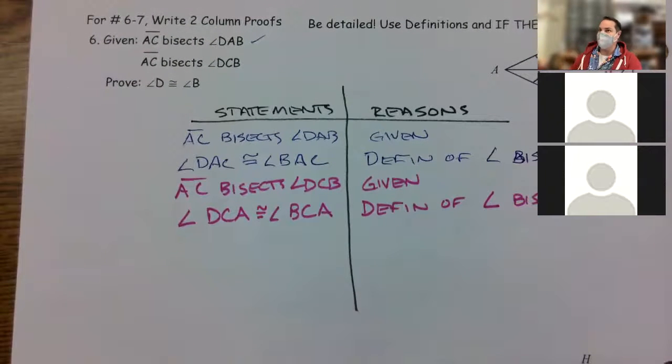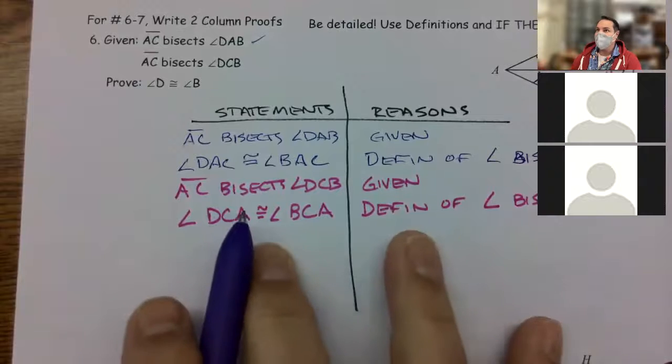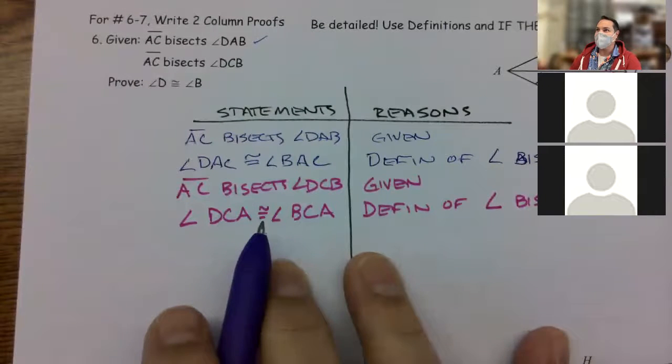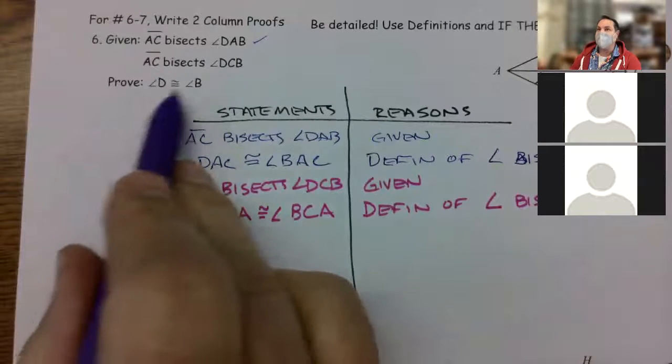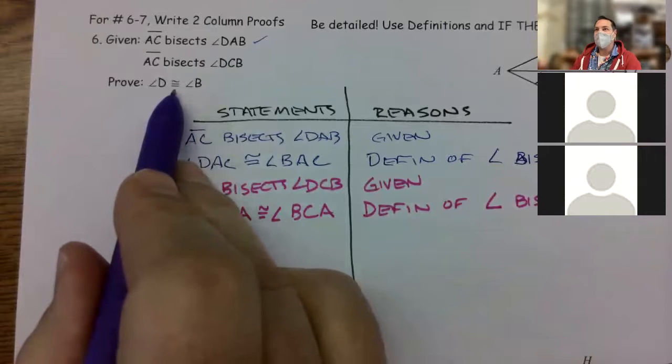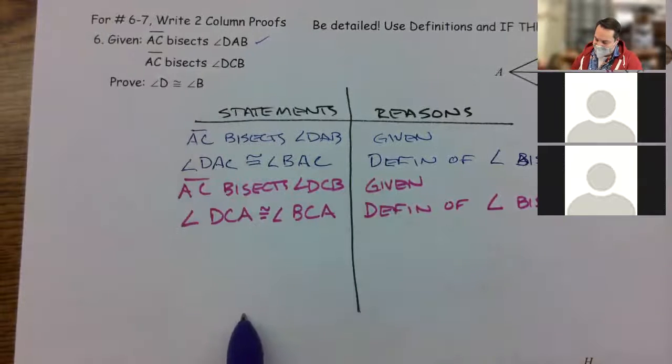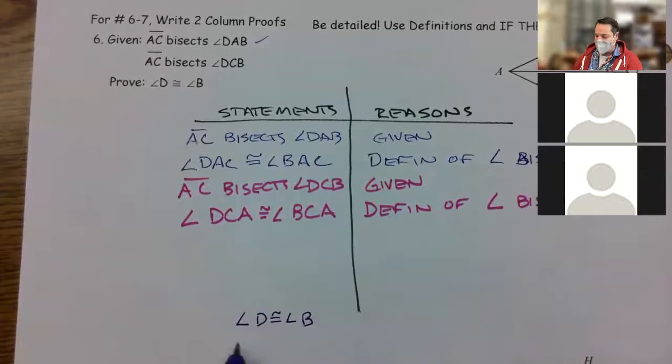And as I've talked about for proofs in general, if we don't know where to go next, one way is to go to the end. Remember, like in the back of the Denny's menus? If I know that the final step is going to be angle D congruent to angle B, I can write that and just leave some space for myself. What's going to be the reason for that?